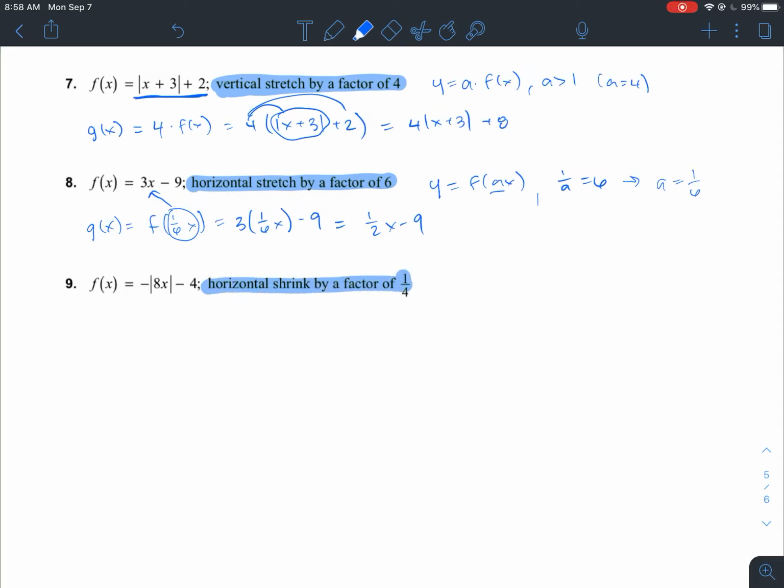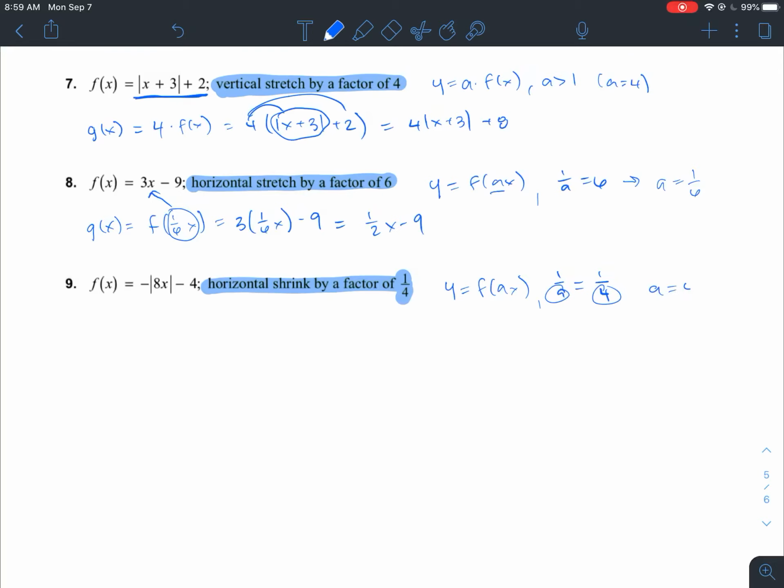And then a horizontal shrink by a factor of 1/4 for number 9. So again, let's write our function, y equals f of ax, because it's a horizontal shrink. And we say 1/a is equal to 1/4 by a factor of 1/4, right? So here you can clearly see that a is equal to 4.